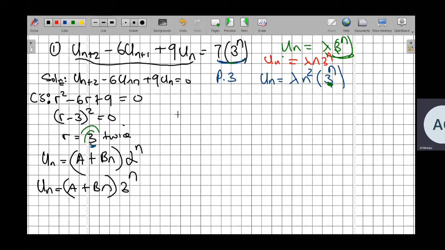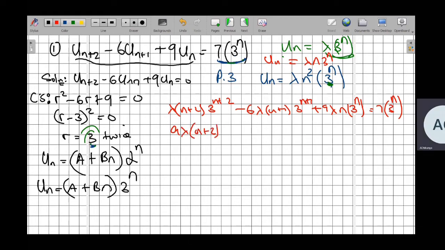You will see again, you're going to have lambda n 3^(n+2) minus 6 lambda n 3^(n+1) plus 9 lambda n 3^n is equal to 7 times 3^n. You can expand if you want, or you can start by removing the 3^n. If you remove the 3^n here, you're left with 9 lambda (n plus 2).